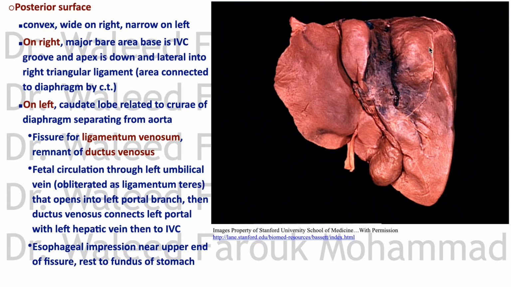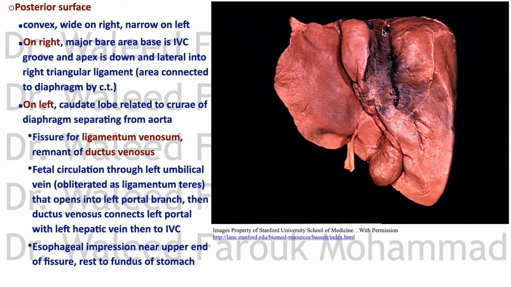This is the posterior surface, which is wide at the right side and narrow on the left side, with the caudate lobe showing on the posterior surface and extending into the superior surface. On the right side, as you can see, these are the attachments of the pleurae. This is the right triangular ligament. This is the coronary ligament.